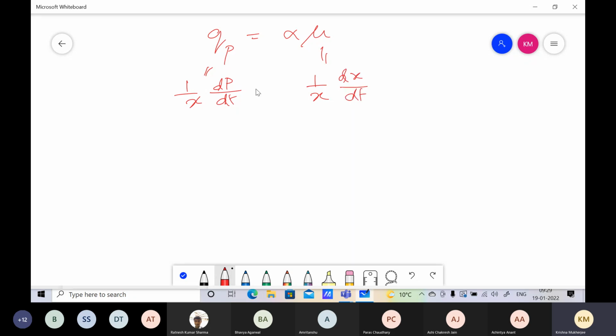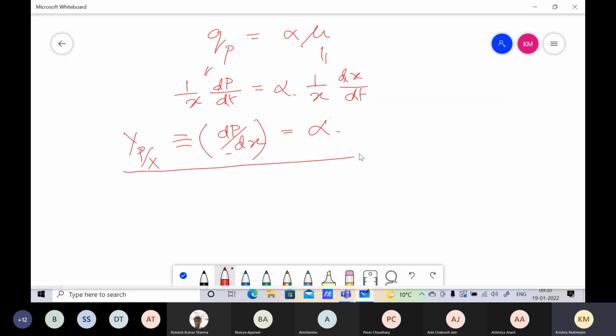So if they are proportional to each other, equal to alpha, then as you can see, dP by dx is equal to alpha, which can also be defined as Yp by x, the product formed per unit biomass. So what you are saying is that Yp by x, the product formed per unit biomass, is equal to a constant.